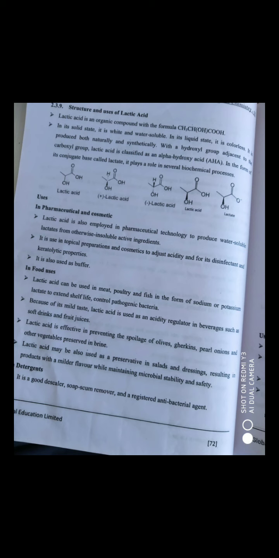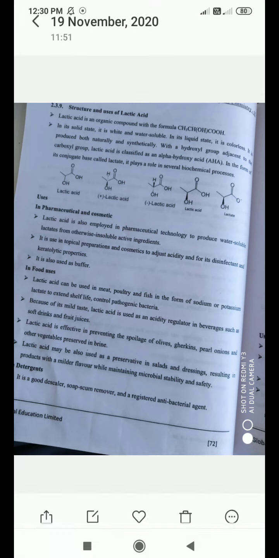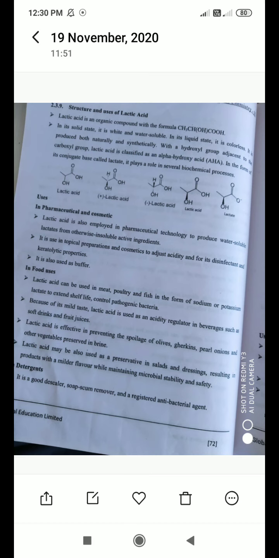Shelf life is like our drug's expiry date. For that particular period they are good and safe to use. After that period they may have some adverse or side effects. So for increasing the shelf life of foods like poultry, meat and fish, this salt form of lactic acid can be used.